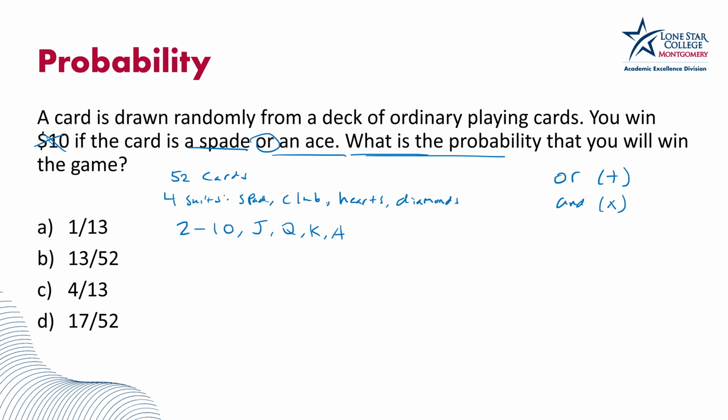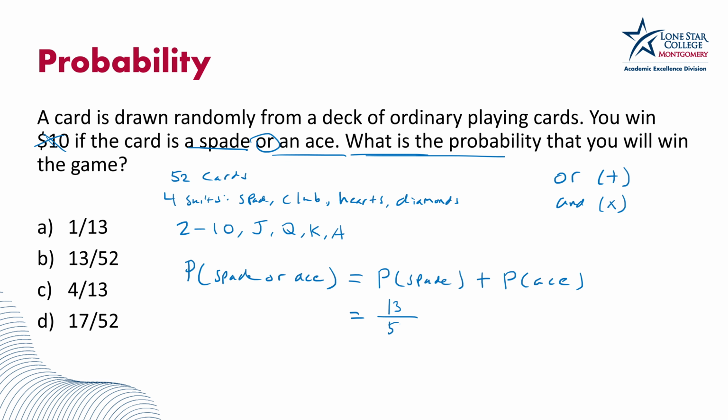So when we're talking about the probability of a spade or an ace, what you can do is think about the probability of spades separately, add that to the probability of aces. So let's think about the probability of spades. Spades is one of our suits. So the number of cards that are spades would be 13 out of 52.